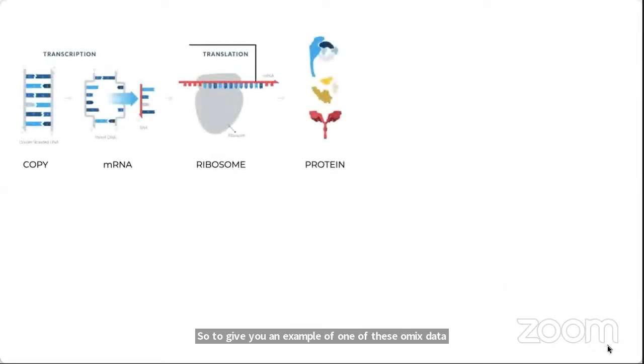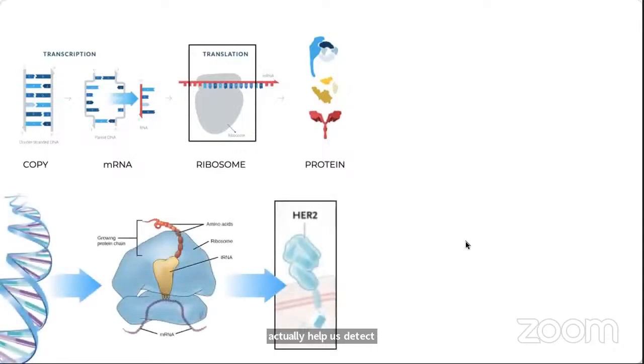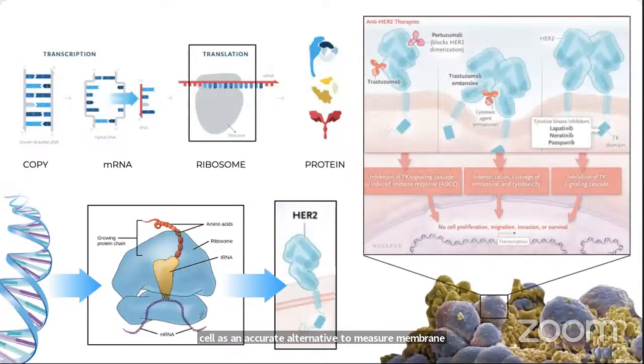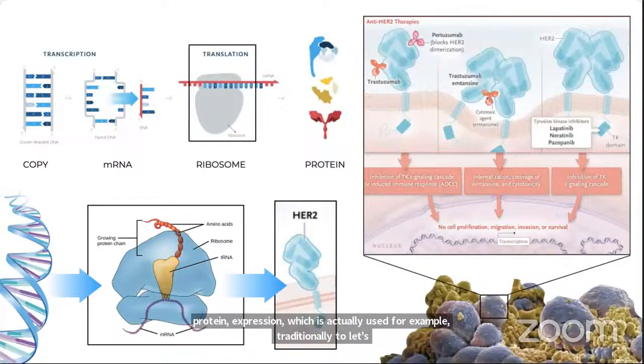So to give you an example of one of these omics data types and how they are used and how they actually change the approach: as a method of measuring RNA translation, transcriptomics studies can help us detect mRNA expression inside a cell as an accurate alternative to measuring membrane protein expression, which is traditionally used, for example, to characterize tumors histologically.